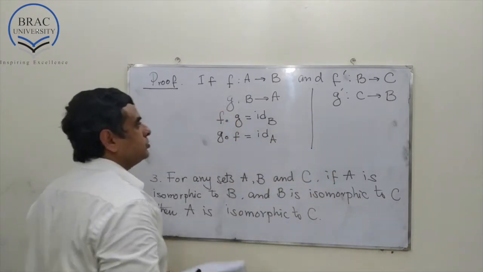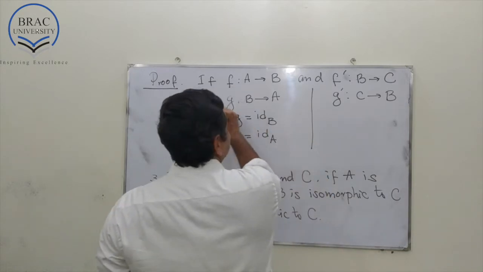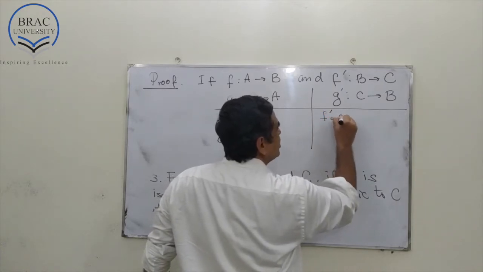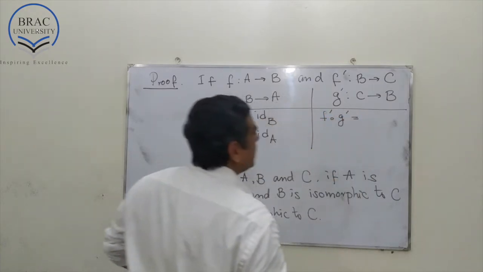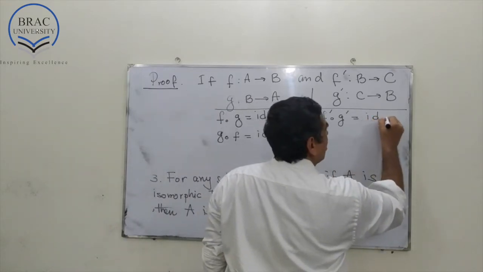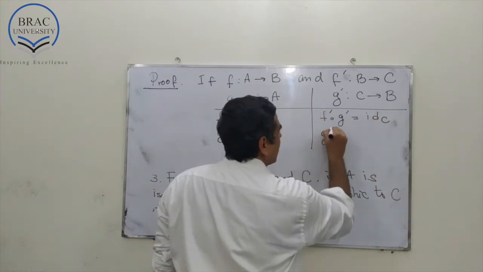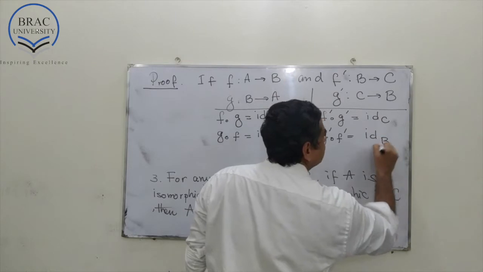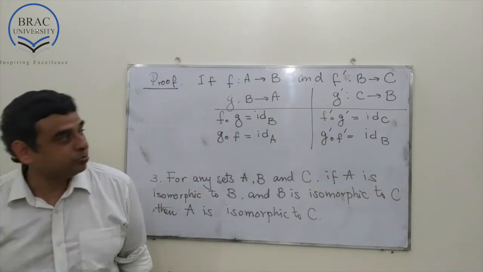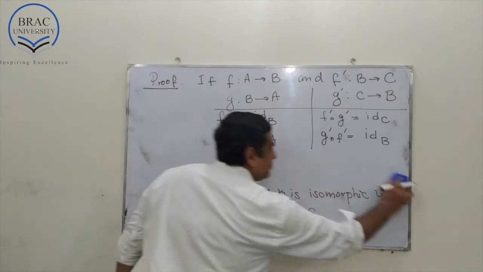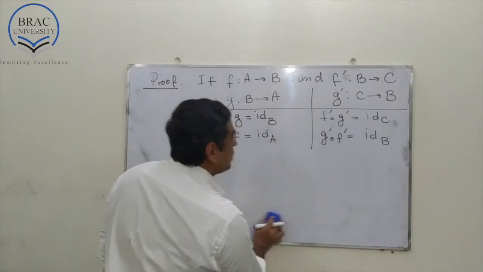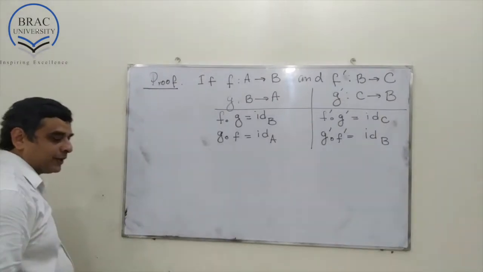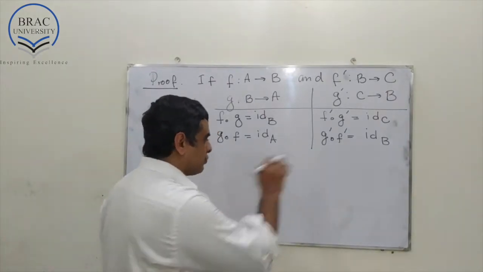Also, F prime composed with G prime is the identity function on C, and G prime composed with F prime is the identity function on B. So we have written down all these things using the hypothesis of the lemma and the definition of isomorphism.